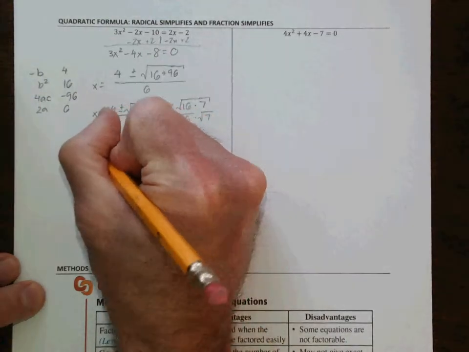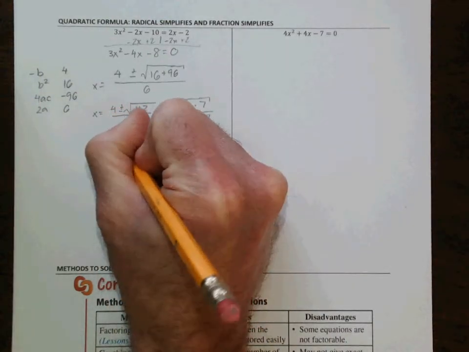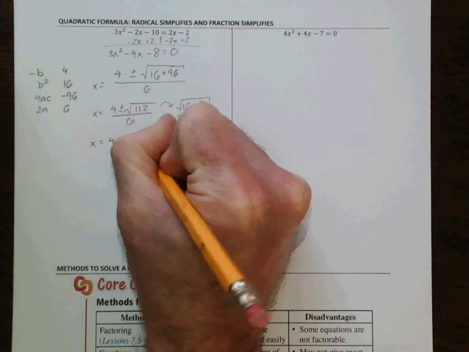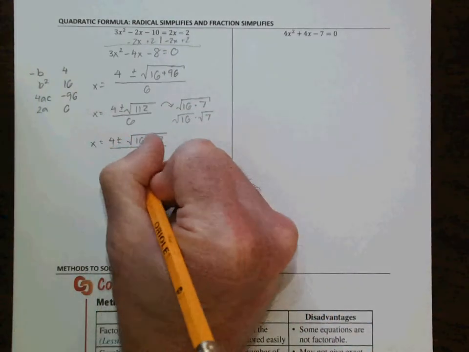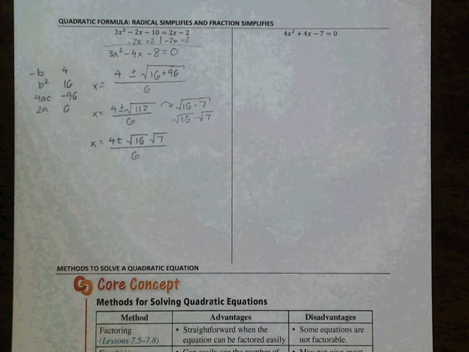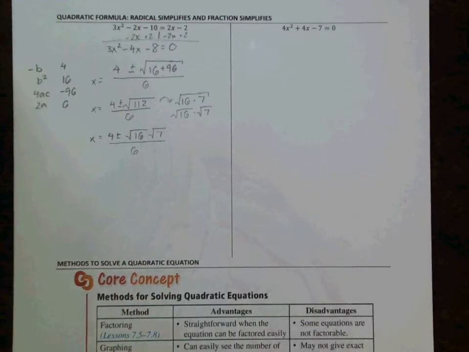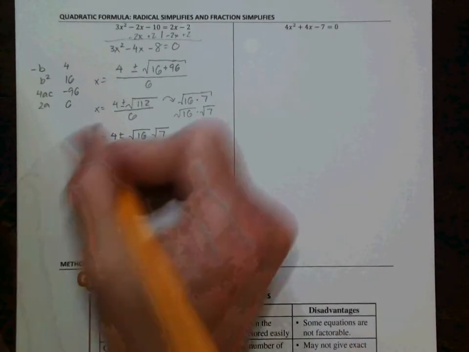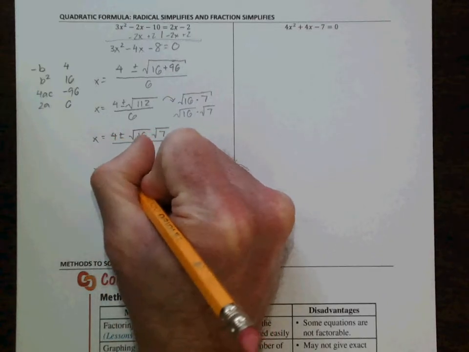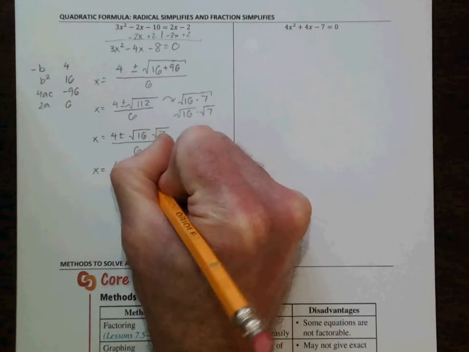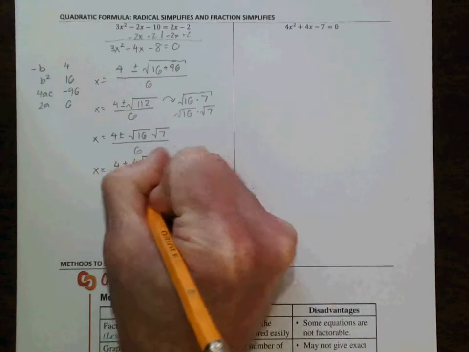So my next step is going to be 4 plus or minus the square root of 16 times the square root of 7. Take note that I put the perfect square, the 16, first. So now this is x is equal to 4 plus or minus 4 square root of 7 all over 6.